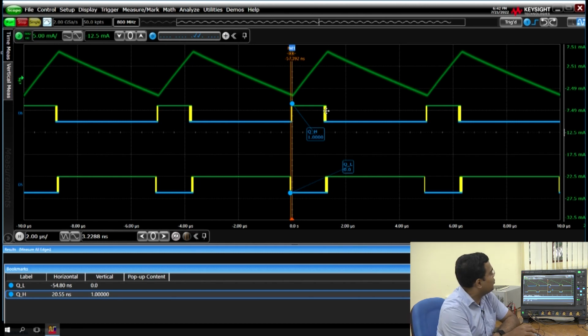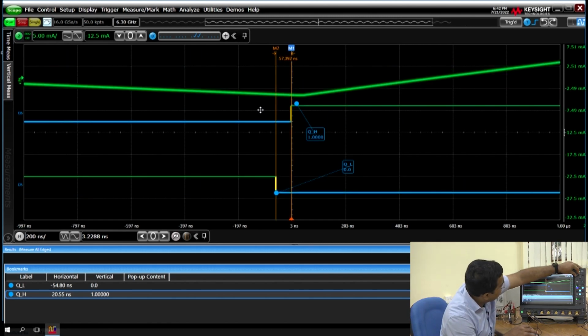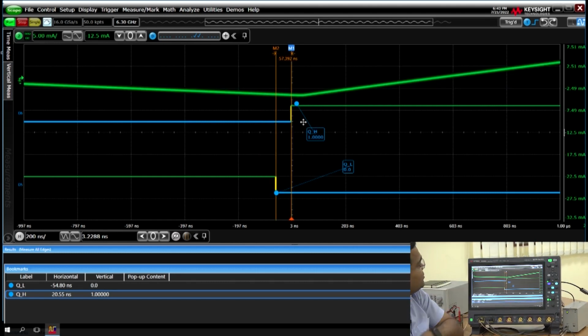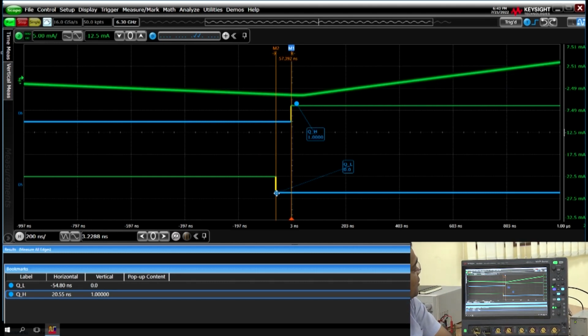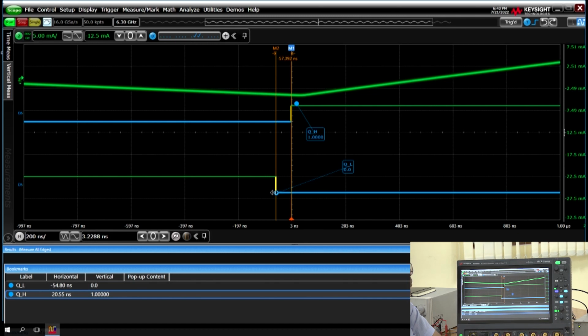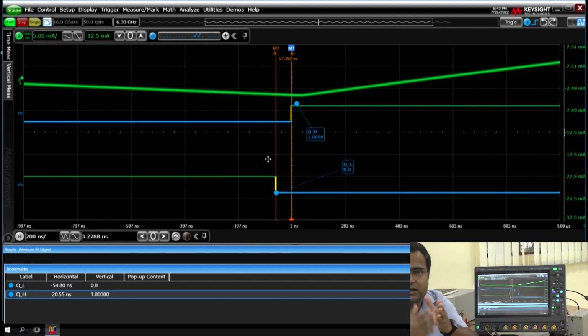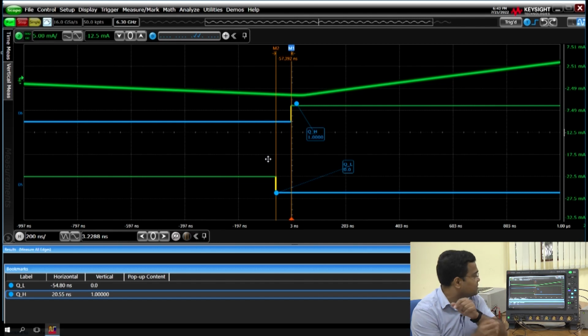That means if we zoom into this portion, when you want to turn on the switch, first you have to turn off the low side switch, then you need to provide some dead time, then you turn on the high side switch. That means first you have to break the conducting path, and then you turn on the switch.